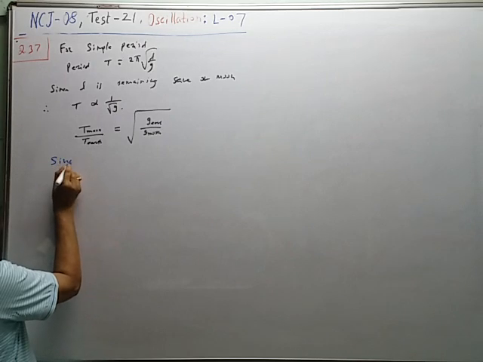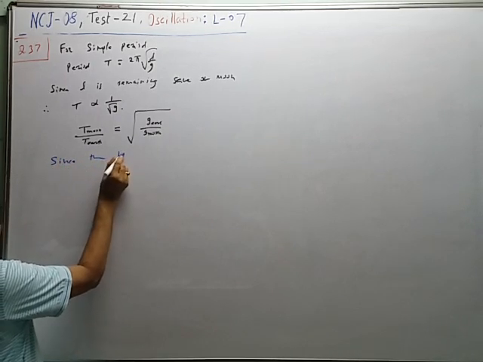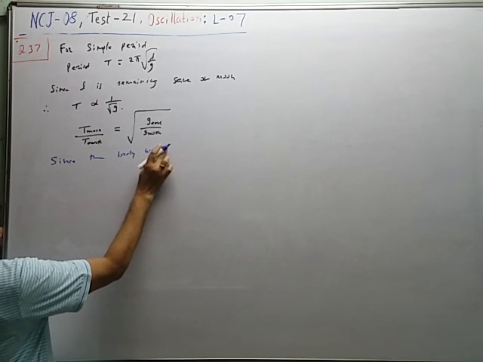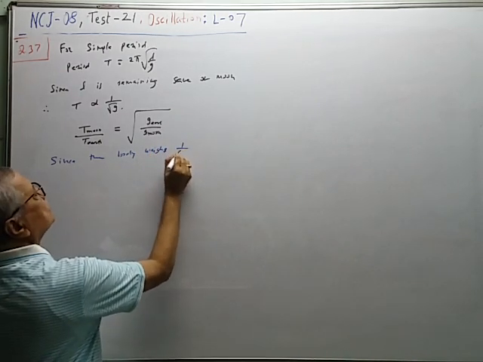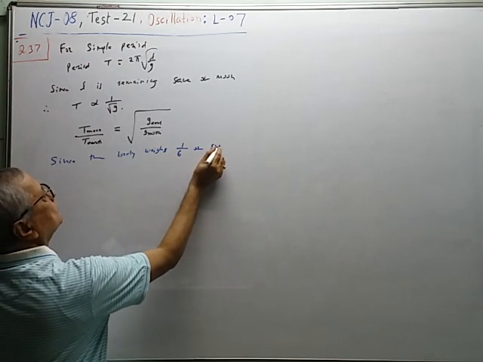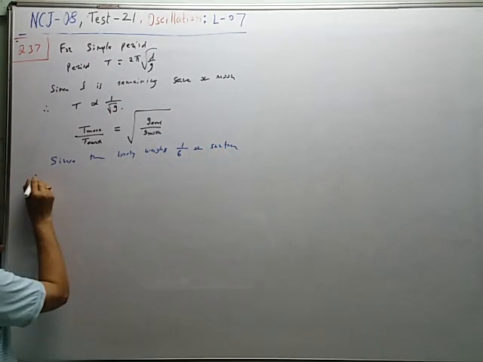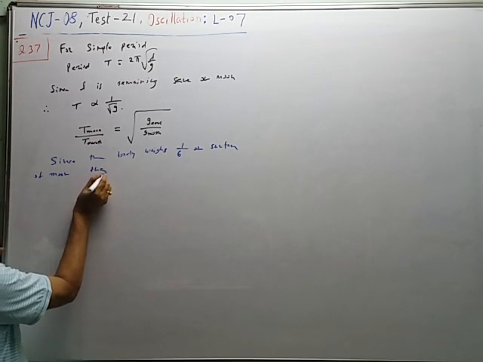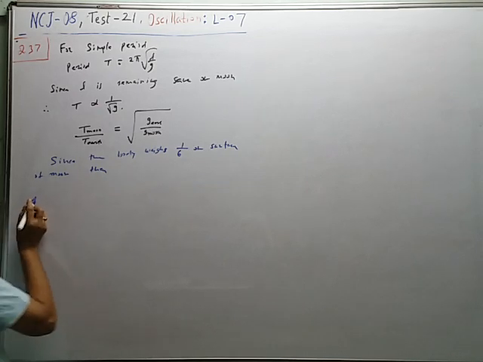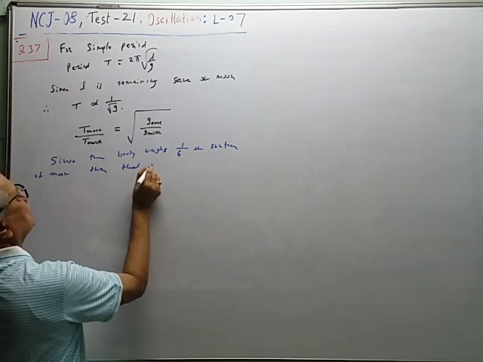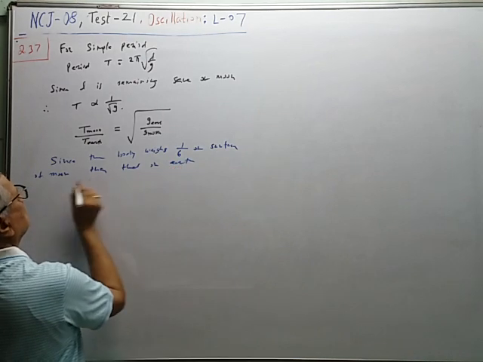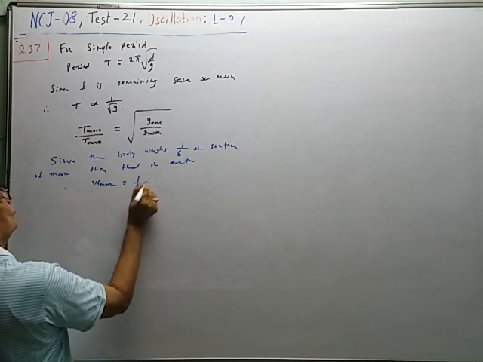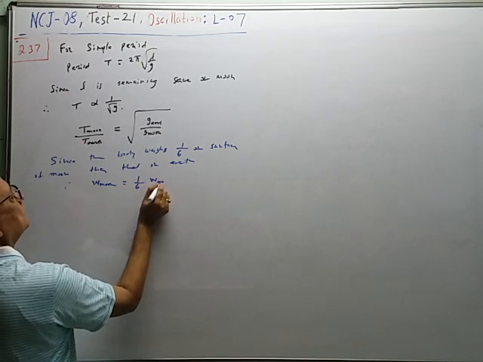Since the body weighs 1/6 on the surface of moon than that on earth, therefore weight on the moon is equal to 1/6 weight on the earth.